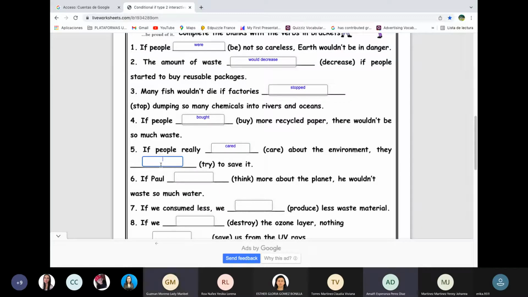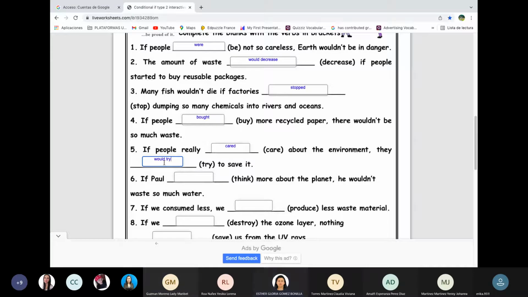Try. Right. What is the auxiliary? Past tense, if people really cared. Very good. The modal is? They would. Very good. They would try to save it.